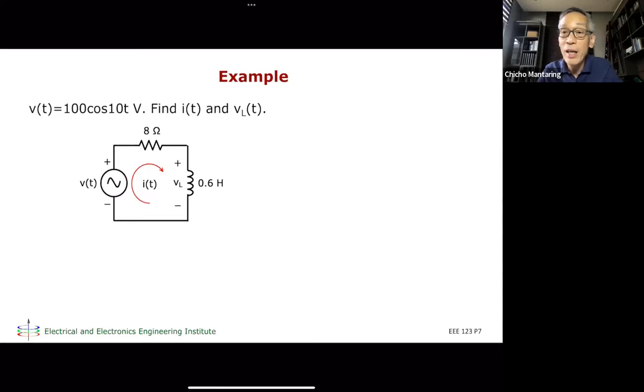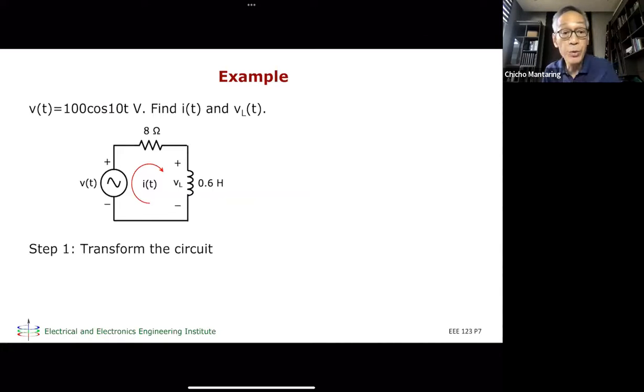So at steady state, kung DC ang excitation, DC din yung magiging response. Kung sinusoidal yung excitation, sinusoidal din yung magiging response. So how do I solve for the time domain expression, the expression in terms of t of Is of t and V's of L?